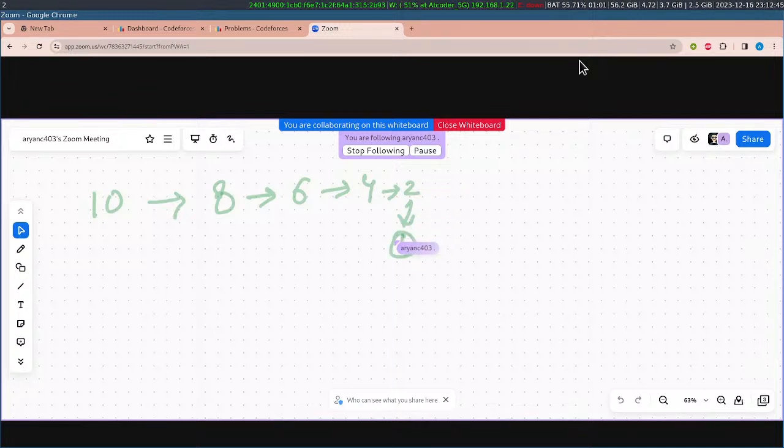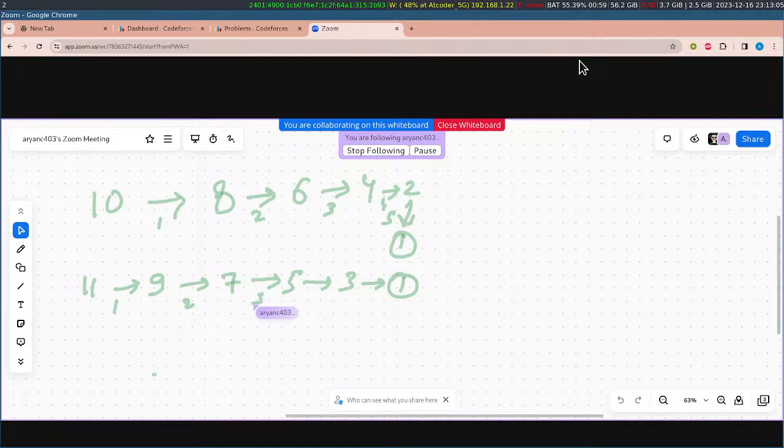While if initially there are 11, then we can do it this way. So based on whether the number of leaves is even or odd, we can make two cases and find the number of operations required over here.